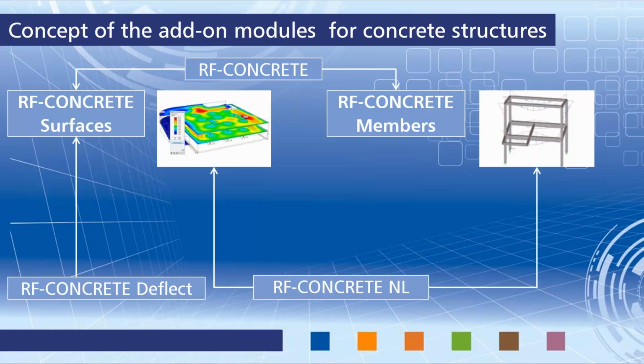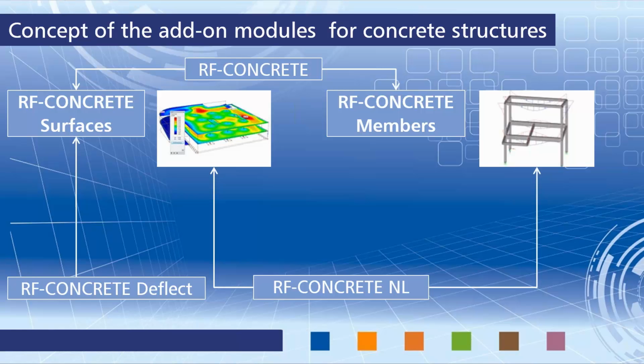We also have a nonlinear analysis for concrete surfaces and members available. In RF concrete NL, we perform geometrical and physical nonlinear calculation of deformations for the serviceability limit state. Long-term influences like creep and shrinkage can be considered. Stresses of steel and concrete can be calculated. For members, also the ultimate limit state is checked, so you can perform stability analysis with the general method.